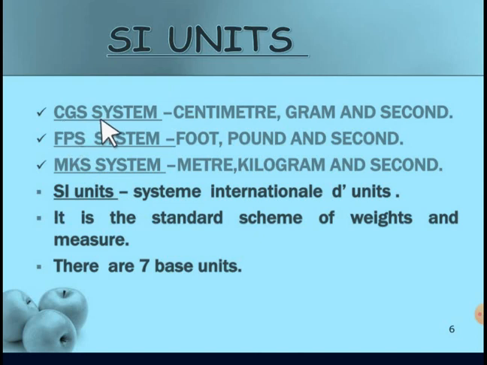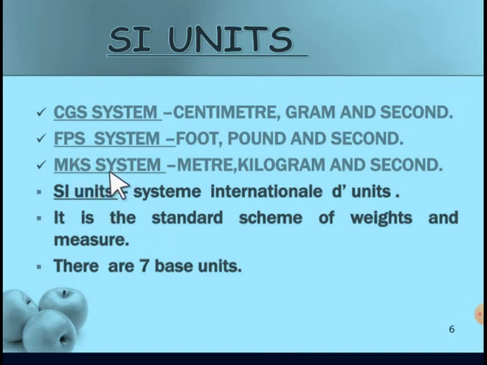Now this is CGS unit. CGS means length is measured in centimeter, mass in gram, and time in second. The foot-pound system, we call it FPS. Length is measured in foot, mass, not weight, mass, is measured in pound, and time in second.